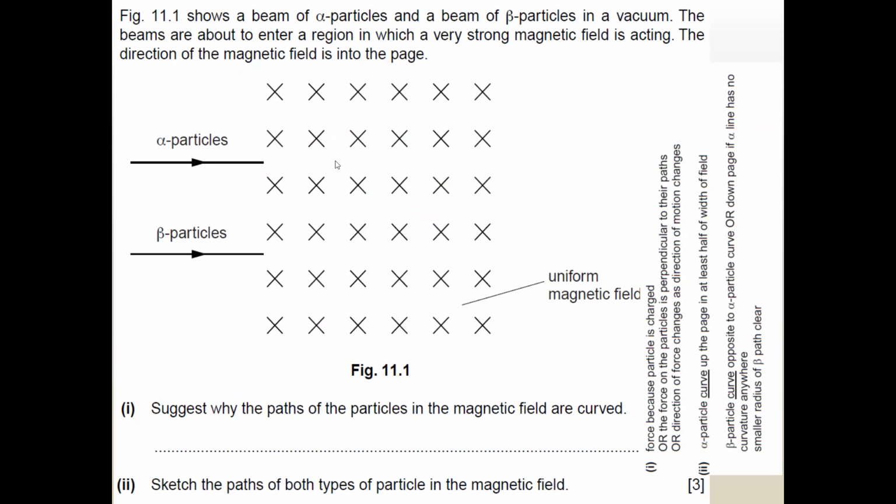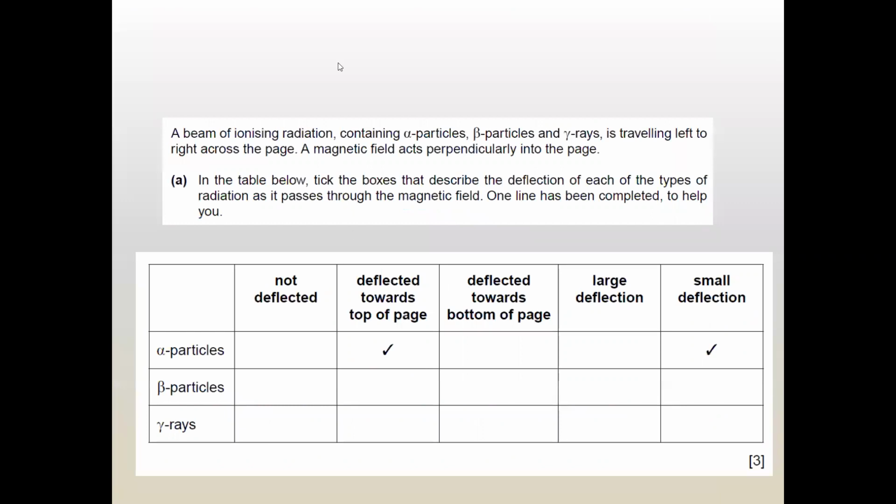If the alpha particle goes towards the top, the deflection of beta should be opposite. So if alpha is going up, beta will go down. The deflection of alpha is small, but beta's will be large. And gamma, because it does not have any charge, is not deflected by an electric or magnetic field.